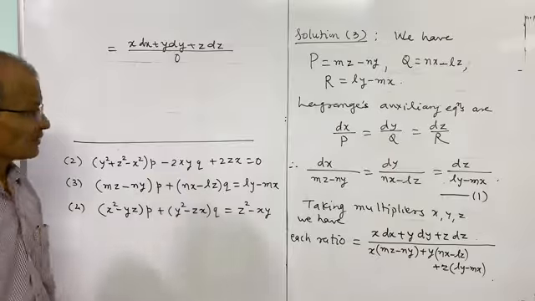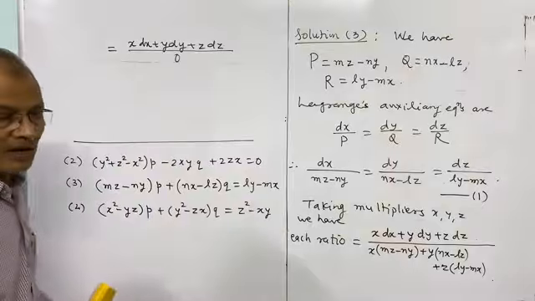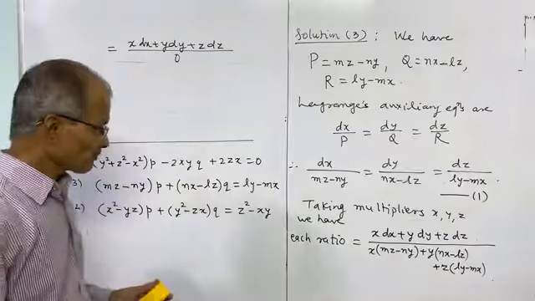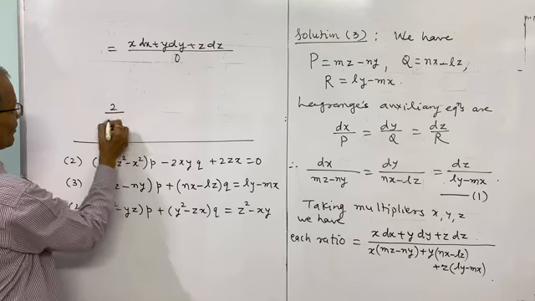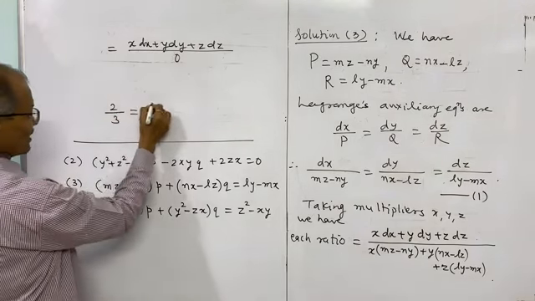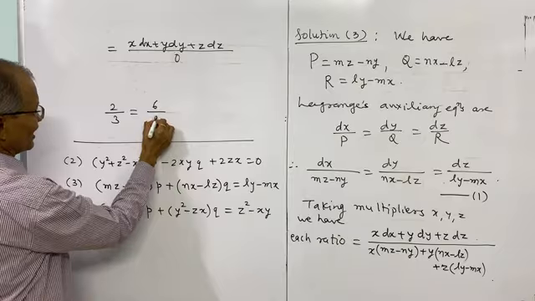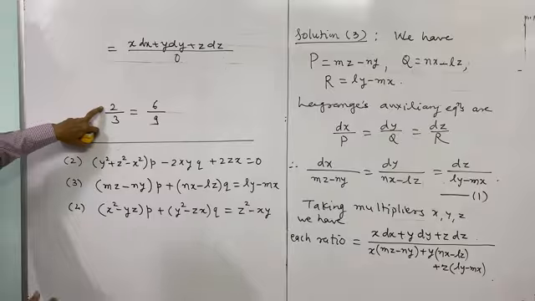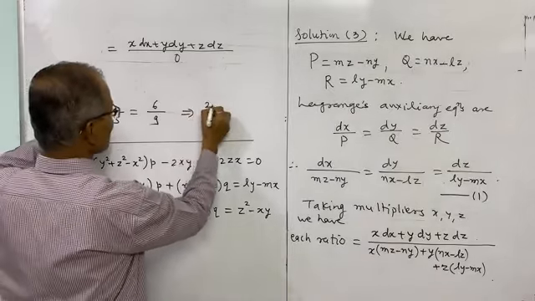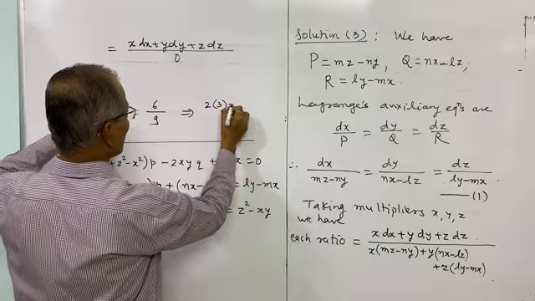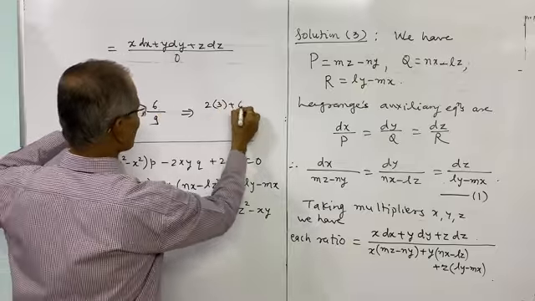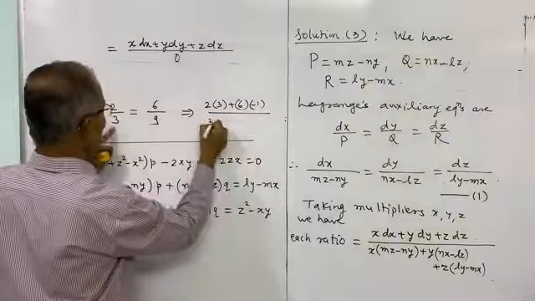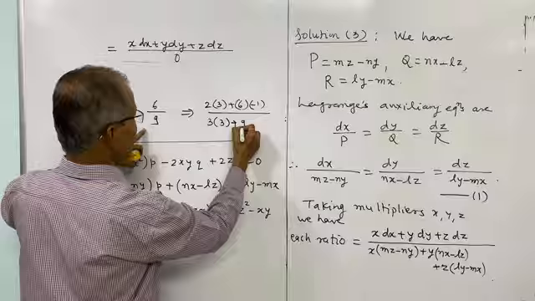So what this implies: in the ratio, if the linear multiplier gives the denominator as 0, then the numerator must also be 0. Because if we have, say, 4 divided by 3 is equal to 6 divided by 9, and I take the multipliers 3 and negative 1, what is the denominator? 3 into 3 plus 9 into minus 1.